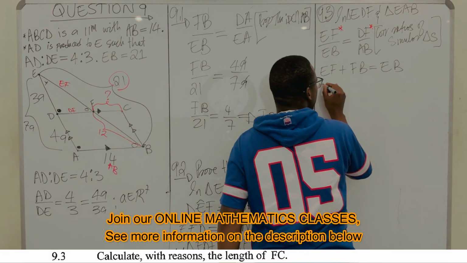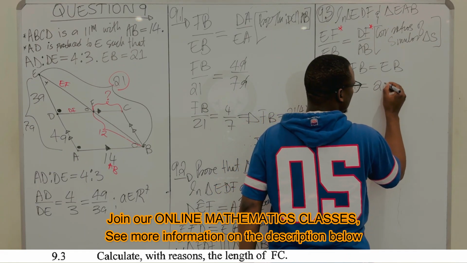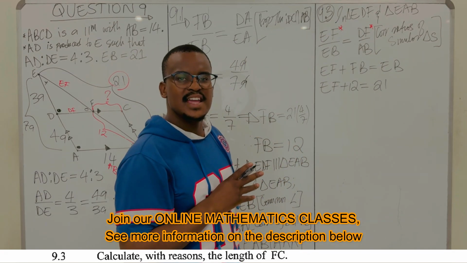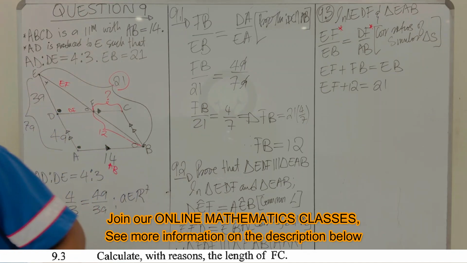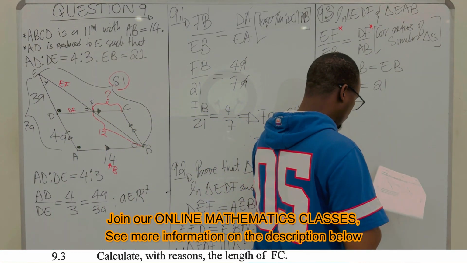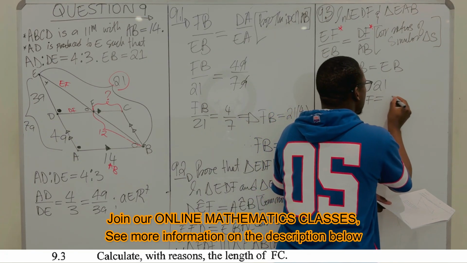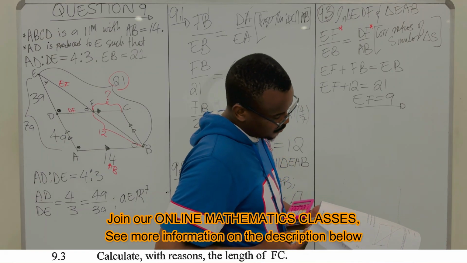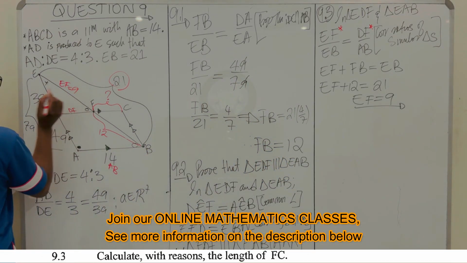So EF plus 12 is equal to 21. Just solve for EF: 21 minus 12, so EF is equal to 9 units. So this length over here is equal to 9 units.